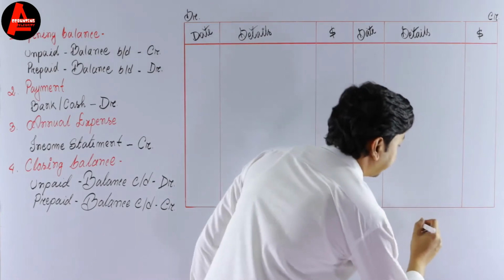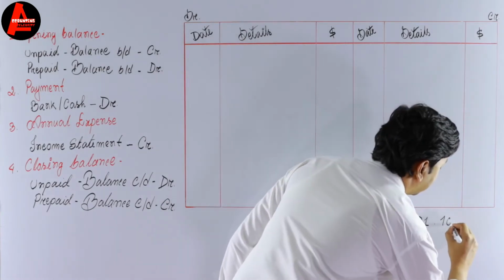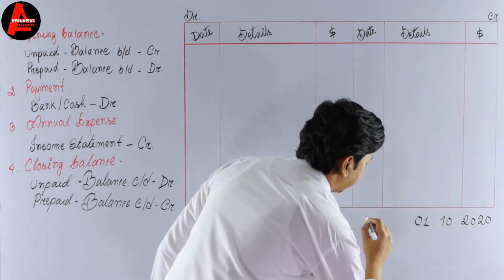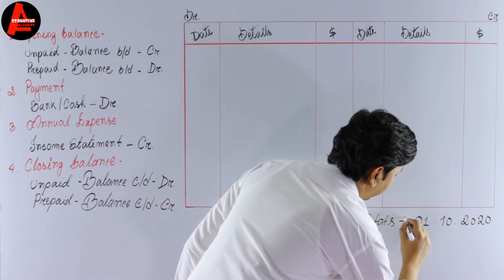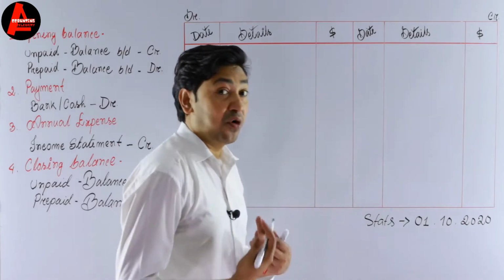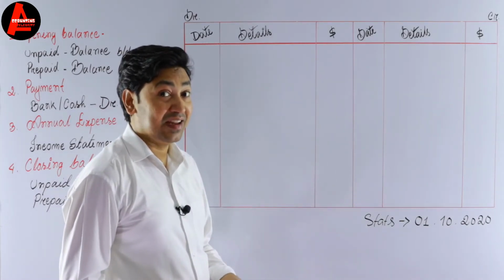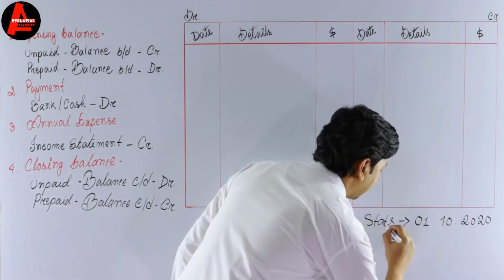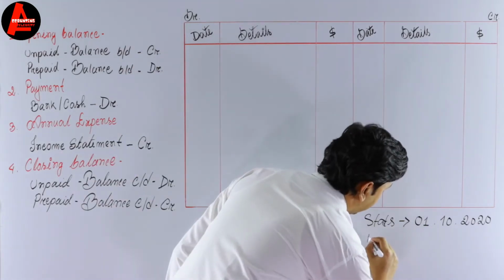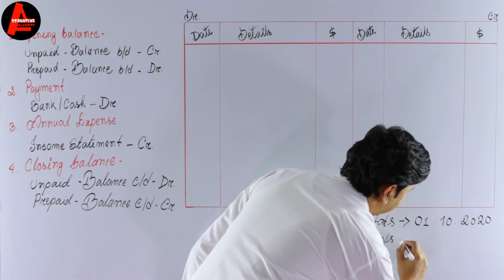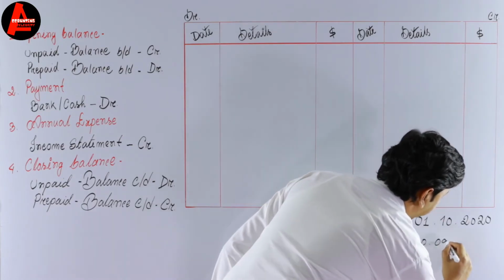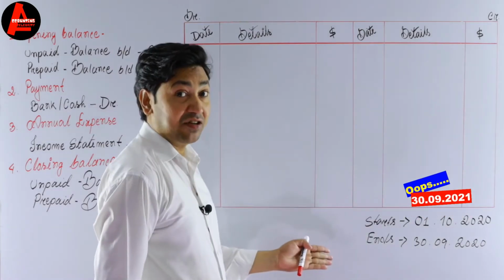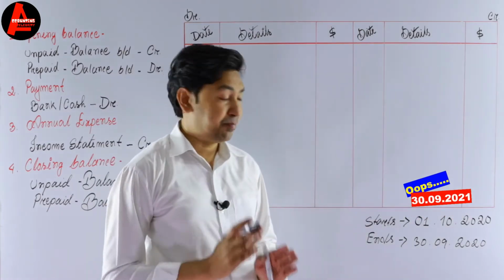So it starts on 1st October 2020. When does she end the accounting period? It ends on 30 September 2021. This is the accounting period for her business, okay?